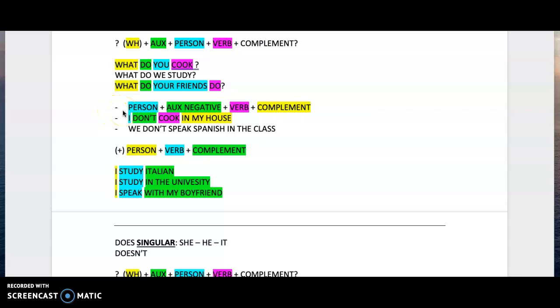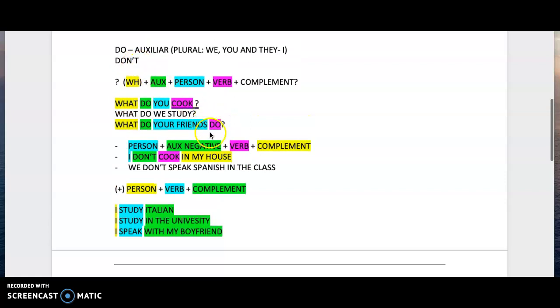The negative sentence is person, auxiliary negative. And do you remember what is the auxiliary negative? Yes, is don't. So, next we continue with verb and complement. There we go. This is one example. I don't cook in my house.